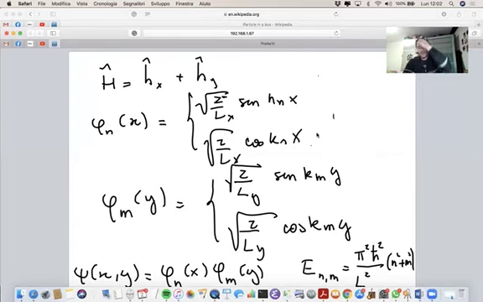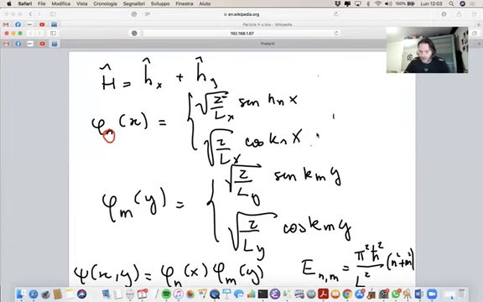So now I have a more intricate spectrum, but physically, why is it so? Why do I need two quantum numbers rather than one? Because the quantum number n tells me what is the momentum state along the x-axis. And the quantum number m tells me what is the momentum state along the y-axis.